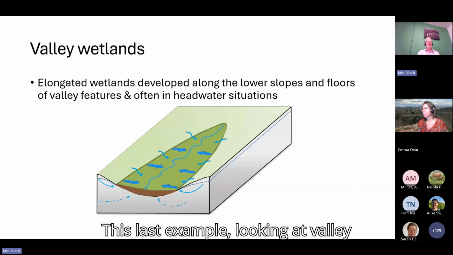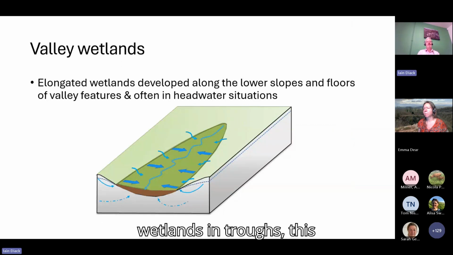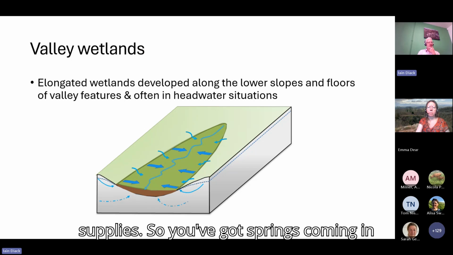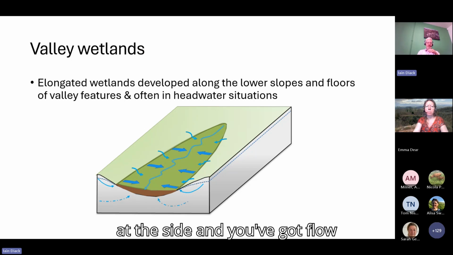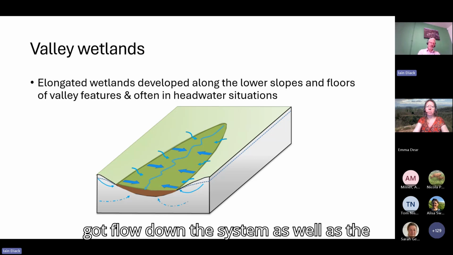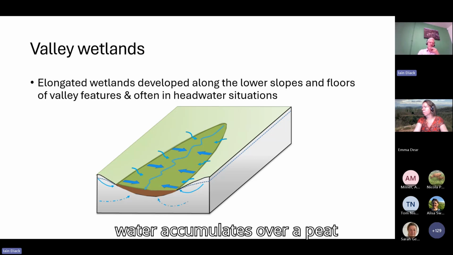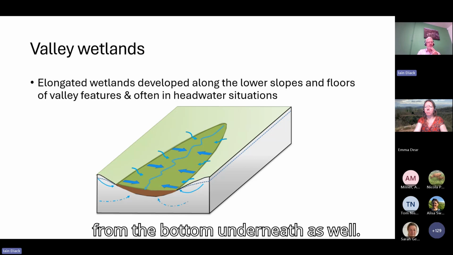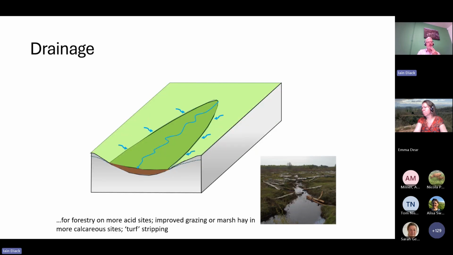This last example, looking at valley wetlands in troughs, this little diagram just shows the water supplies there. You've got springs coming in at the side, and you've got flow across from that water, and then you've got flow down the system as the water accumulates over a peat base, and then you've got upwelling from the bottom underneath as well.